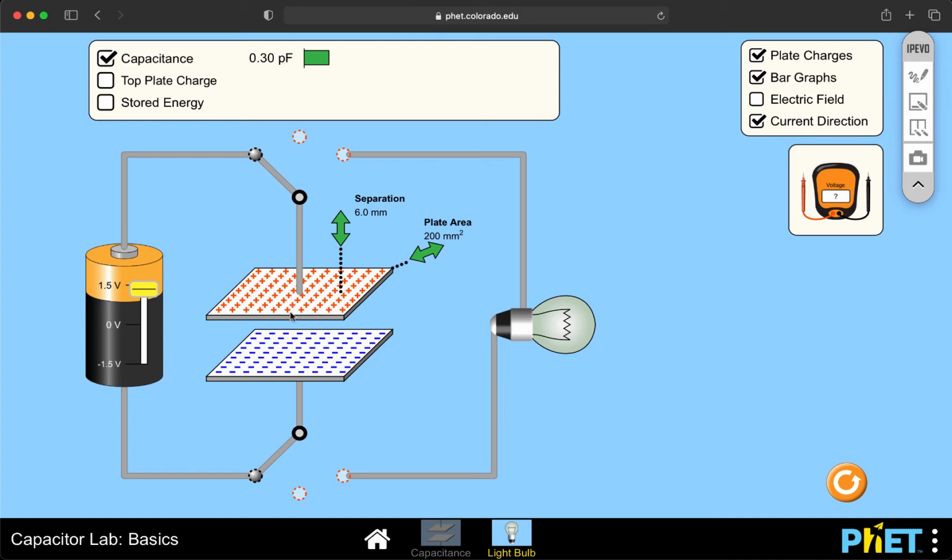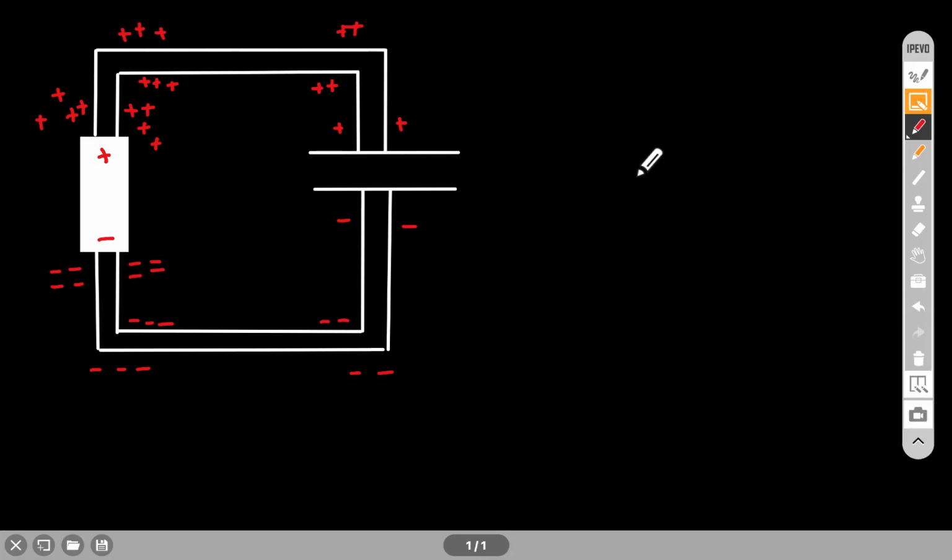It will still take some time, but the electrons will move fairly fast and you will charge the capacitor fairly fast. Typically, when we charge a capacitor, we do have some kind of resistor or light bulb in the circuit. But in any case, now that I saw what happened, I will show you the physics behind this process.